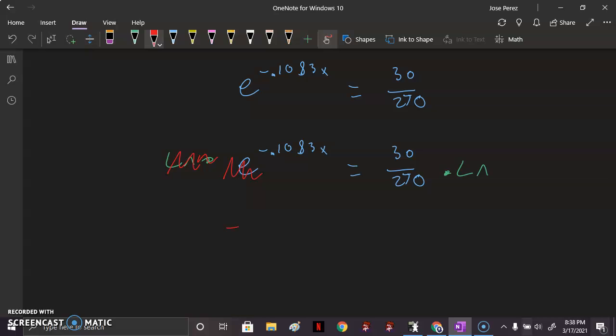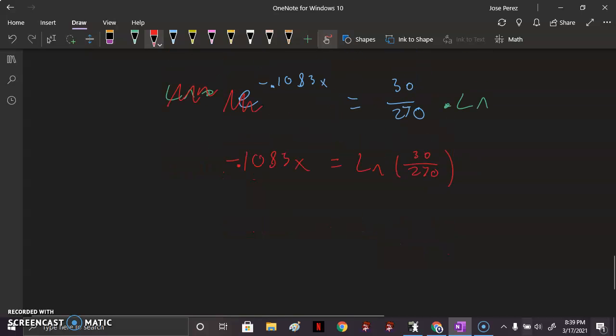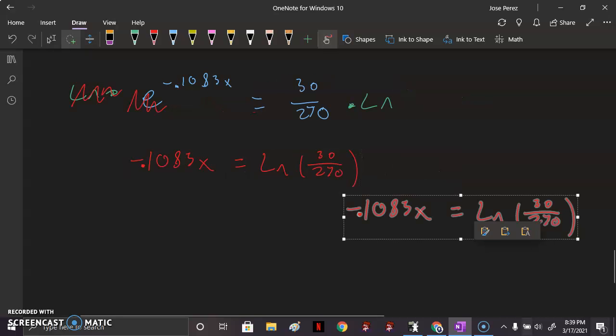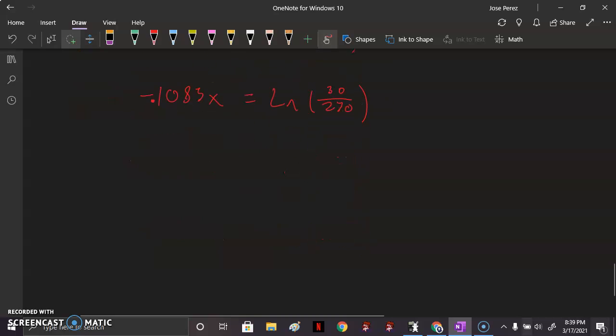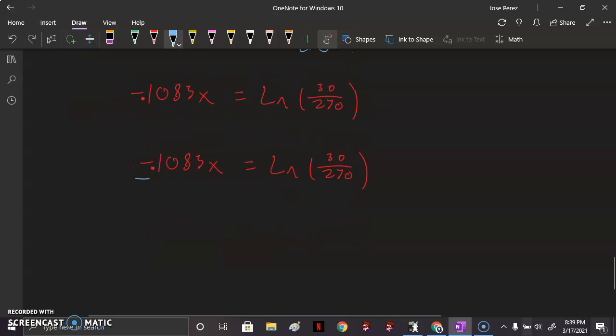So we get negative 0.1083x is equal to ln of 30 over 270. So what we get on the calculator, well, let's make a copy of this again. Now after this, what do we have to do? Well, solve for x.